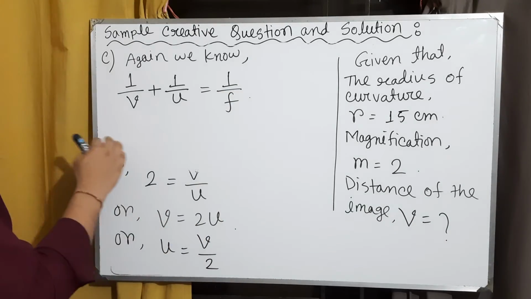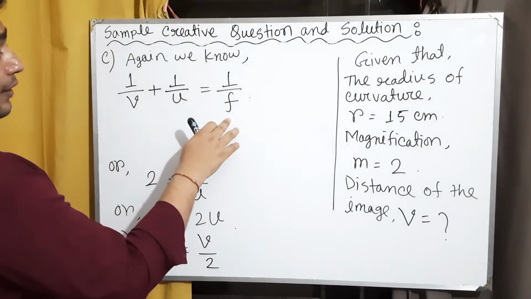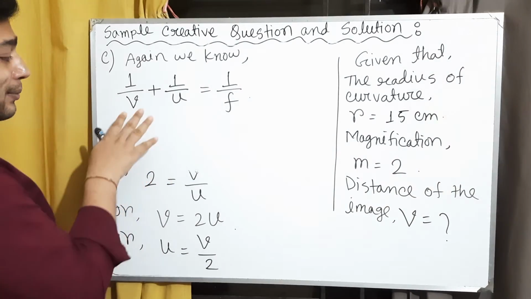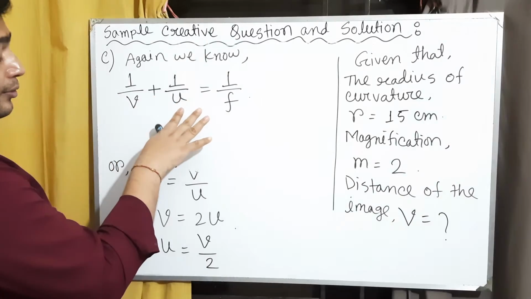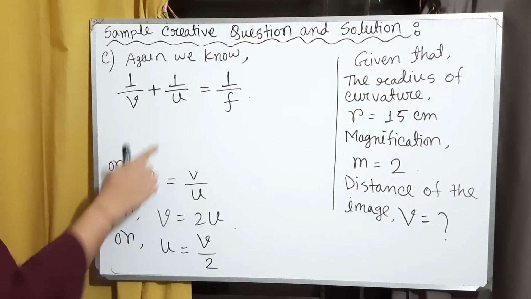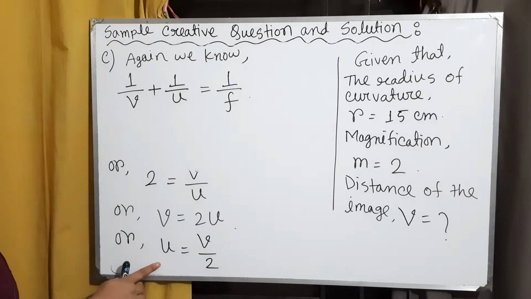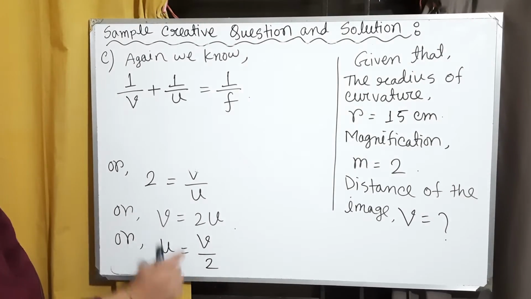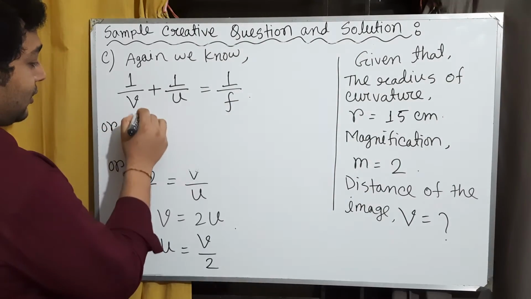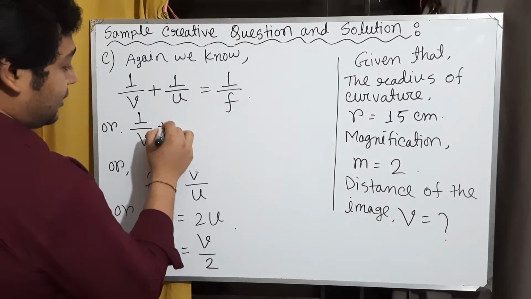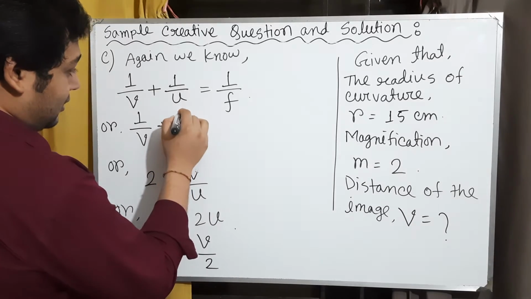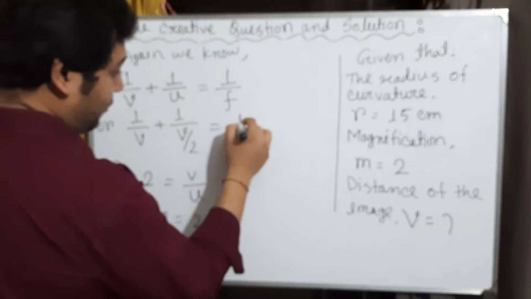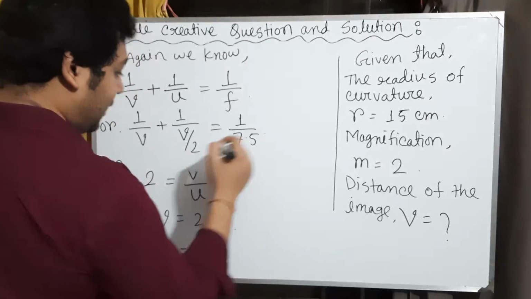Here we can also write u equal to v by 2. Putting the values of the parameters, f is 7.5 and we need to determine v. So we put the value of u, where u equal to v by 2. So 1 by v plus 1 by v by 2 equal to 1 by 7.5.